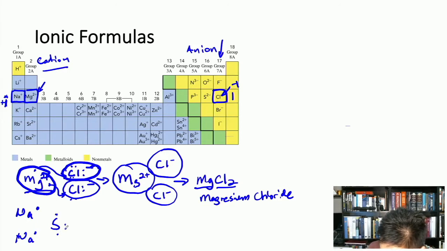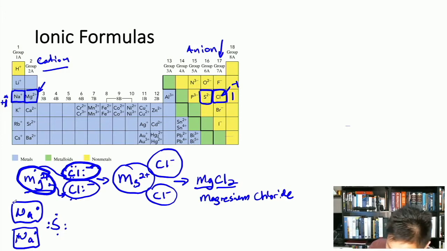And sulfur is here in group 16 or 6A, and it has a -2 charge, which means that it needs 2 electrons transferred to it for it to have a full outer shell. So you need 2 sodium cations, right? And transfer one electron there, and transfer that electron there, to the sulfur.